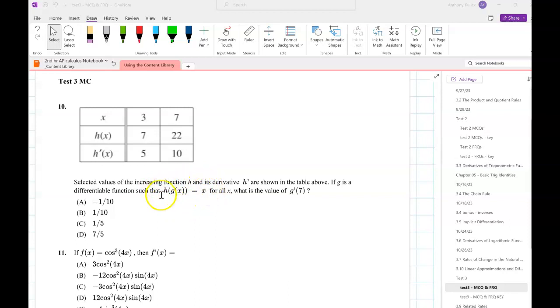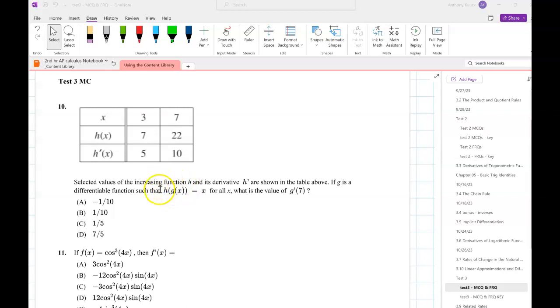It means that g and h are inverses. This is the algebraic definition for inverse. Should you remember that? Yes, that'd be a good thing to remember.